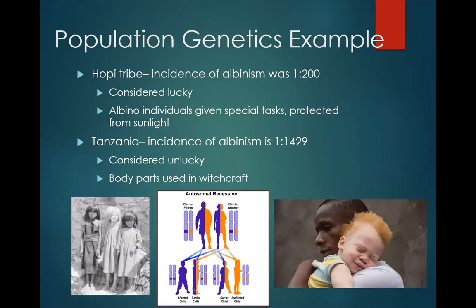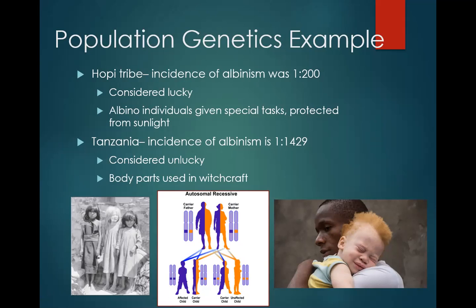The example that your book gives in the first chapter is albinism. Albinism is a recessive disease, so you need to have two alleles of that particular gene in order to be affected. But we know that the prevalence of this gene is different in different populations. The Hopi tribes in the 1800s considered a person with albinism to be very lucky.